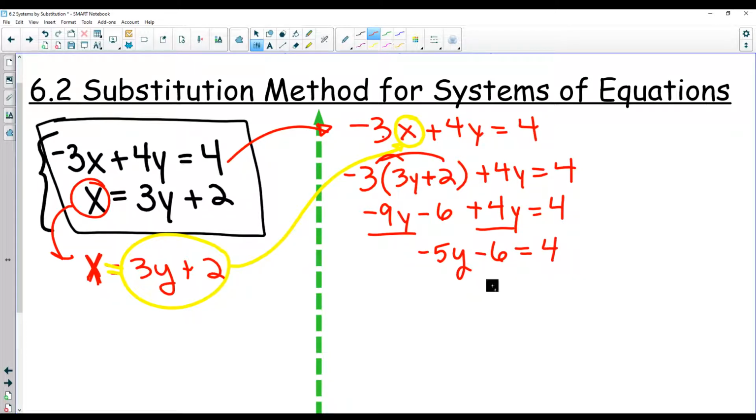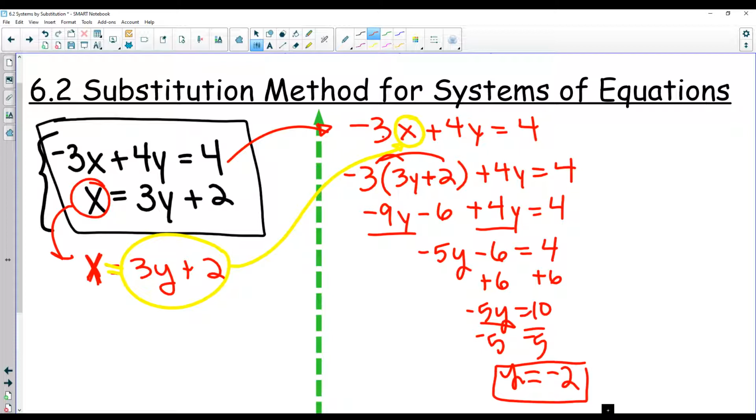Okay, and then add 6 to both sides. And divide by -5. So y equals -2.